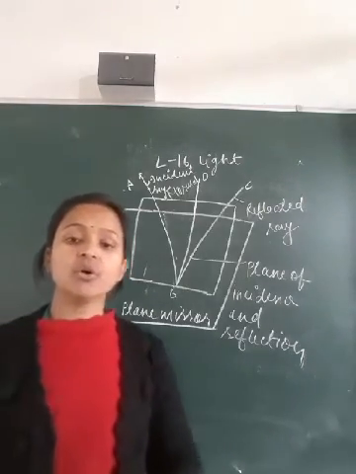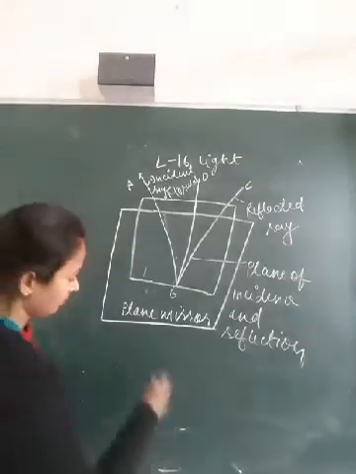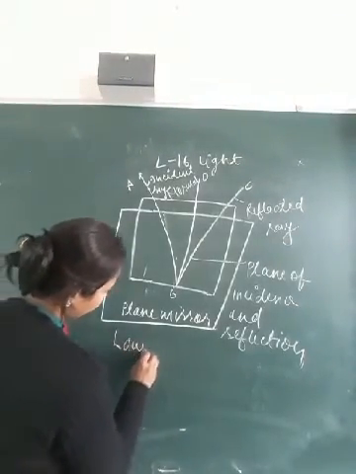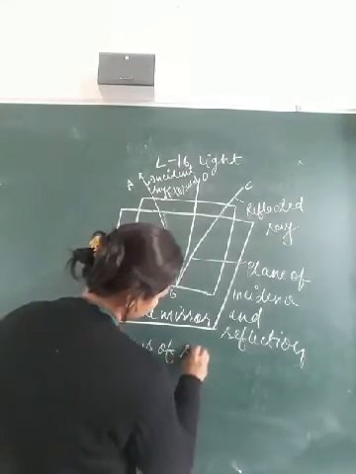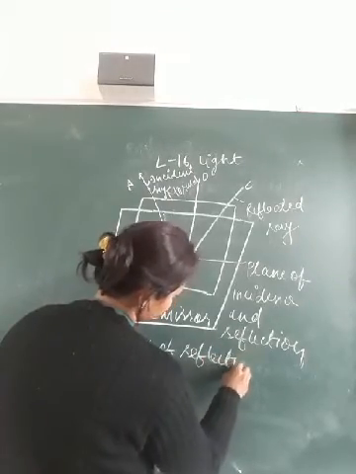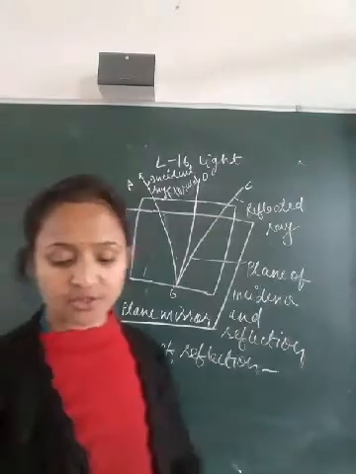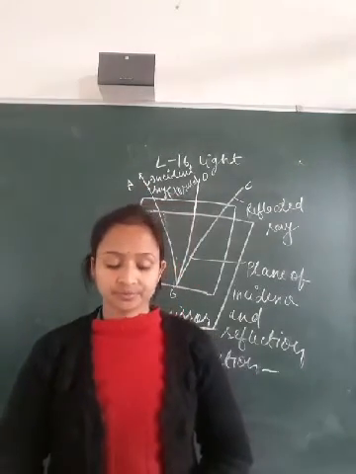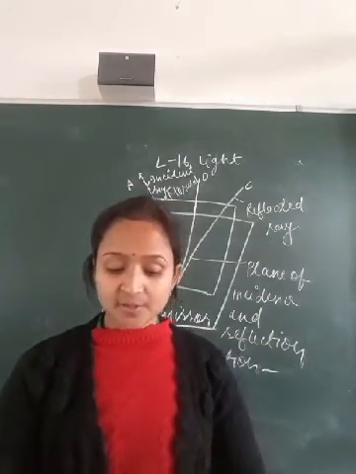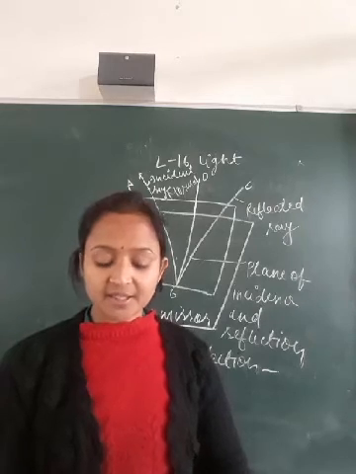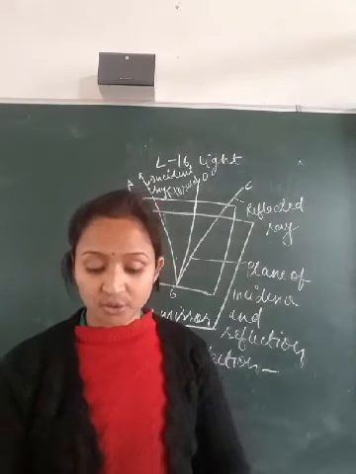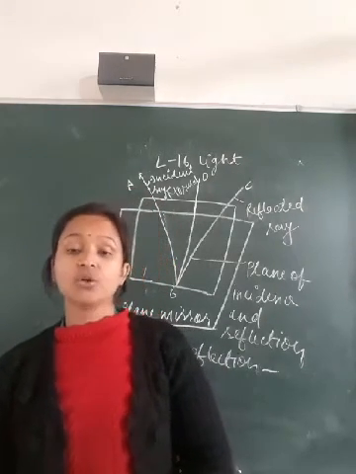Now we will discuss the laws of reflection. Reflection of light takes place from a reflecting surface according to definite laws, and these are known as the laws of reflection.